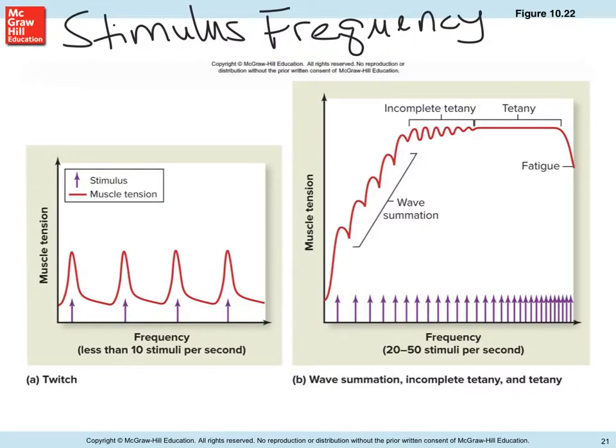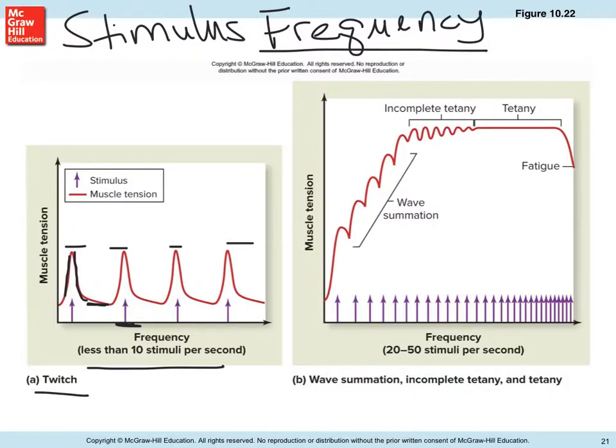So the stimulus frequency can also be looked at. If you have a frequency that is rather infrequent, then you get a twitch and you see that your tension stays the same. You get the increase in tension, you get the relaxation, you go back to normal, and then you apply the stimulus again.